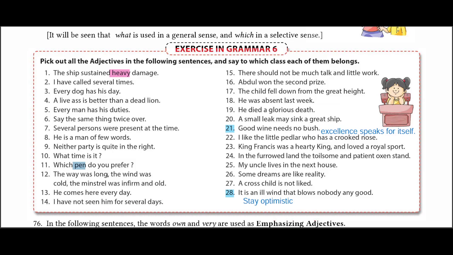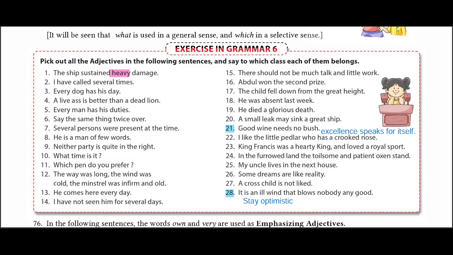The way was long, the wind was cold, the minstrel was infirm and old. Way is a noun, and long is telling the quality of the way. So long is an adjective of quality, or a descriptive adjective.